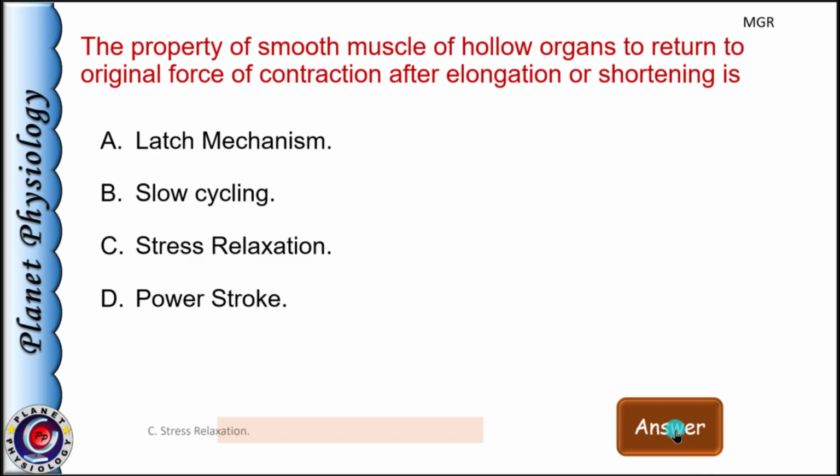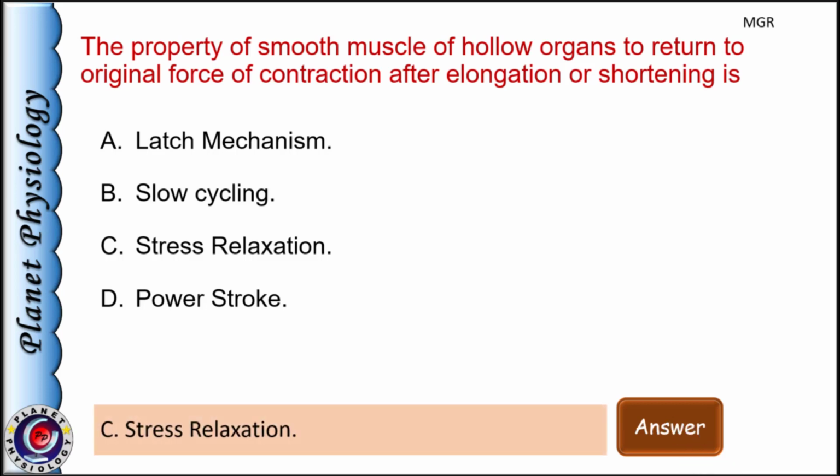Okay, here the correct answer is option C, stress relaxation. Stress relaxation allows hollow organs to maintain almost the same pressure within them despite long-term large changes in volume. For example, maintenance of blood pressure during changes in blood volume or pressure changes within the bladder.